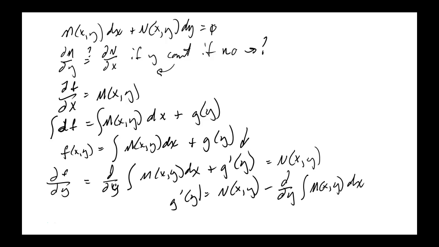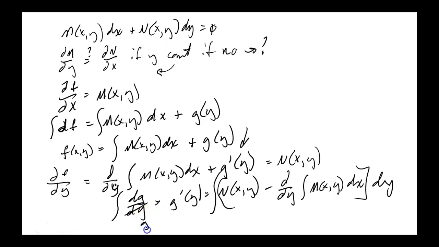Now, this is dg, and this is a perfect derivative. Well, multiply by dy and integrate both sides. I already did the integral there.